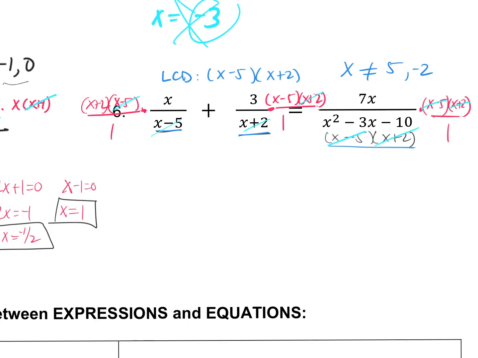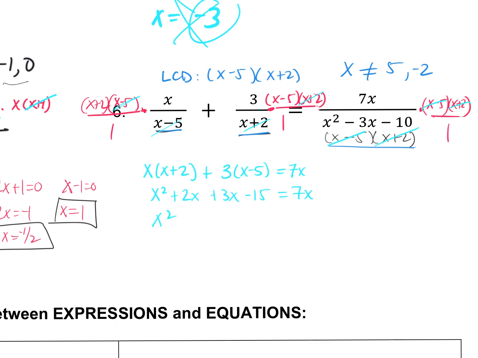I'll come back. Okay, when you multiply by the LCD, this is what you should have left. So I'm just going to work it right here as we distribute. So we have x squared plus 2x plus 3x minus 15 equals 7x. I'm going to combine like terms on this side.